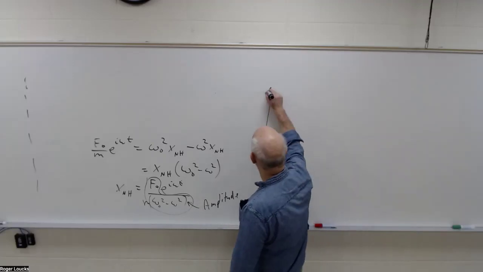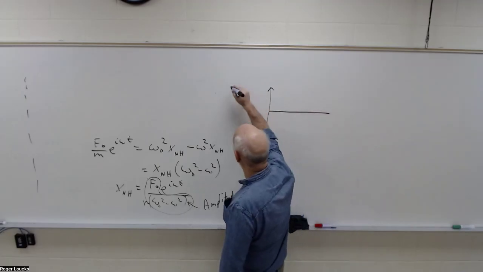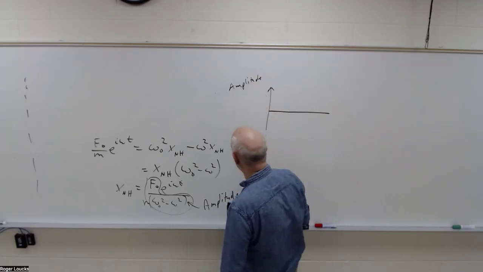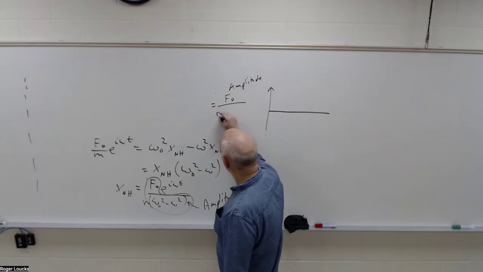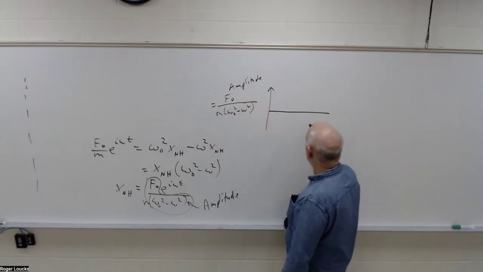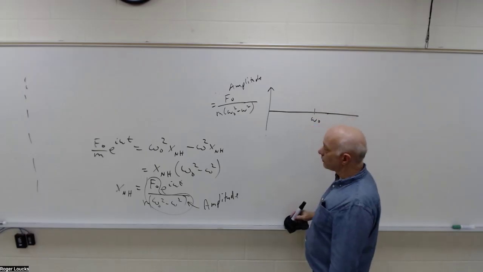So if we just plot the amplitude, which is F naught over m times omega naught squared minus omega squared. Here's omega naught. What does that look like?